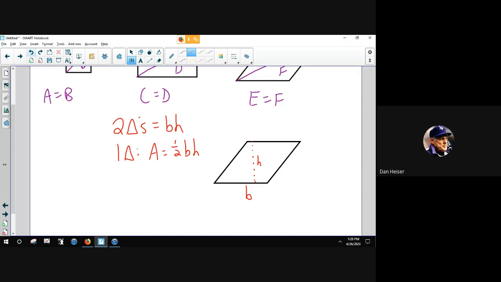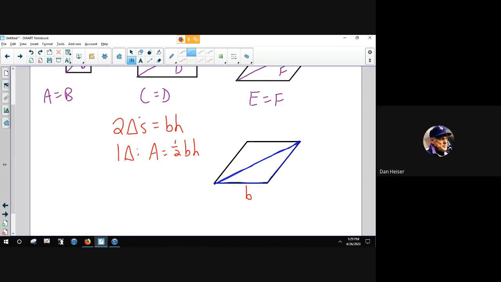Actually, I don't want to do that. I'm going to do it this way. Here's the triangle. Let me outline this triangle in blue. Here's the triangle we're taking a look at in blue.